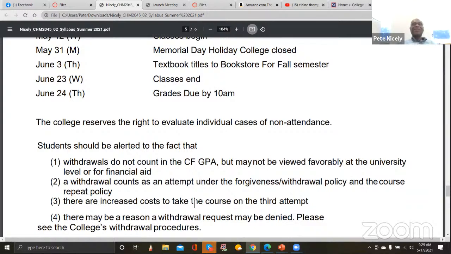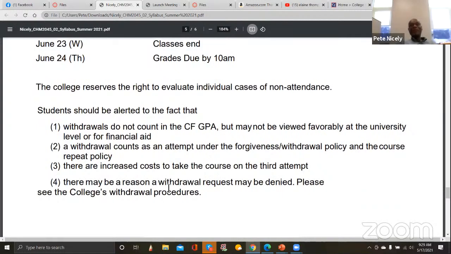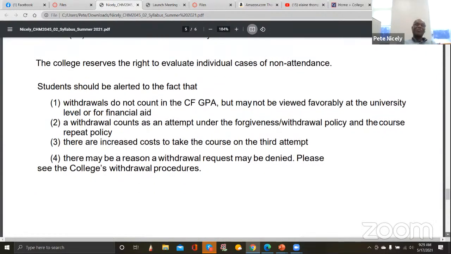And 3, there are increased costs to take the course on a third attempt. If I'm not mistaken, if you take the same course on the third attempt, you'll be paying full out-of-state tuition for that course. And 4, there may be a reason a withdrawal request may be denied. And for further information, you may see the college's withdrawal procedures.